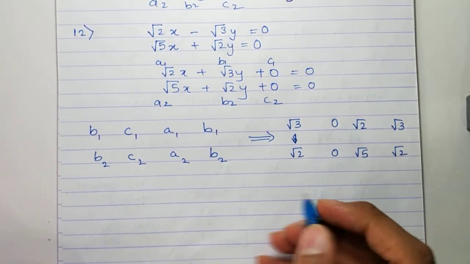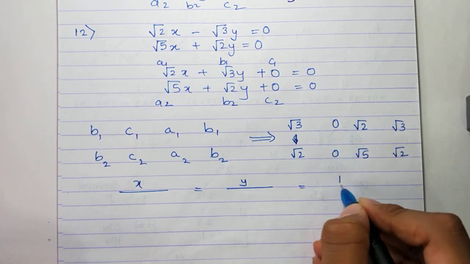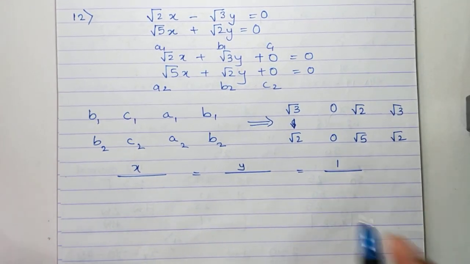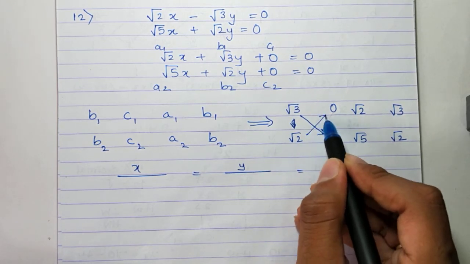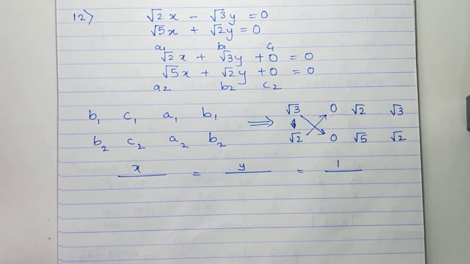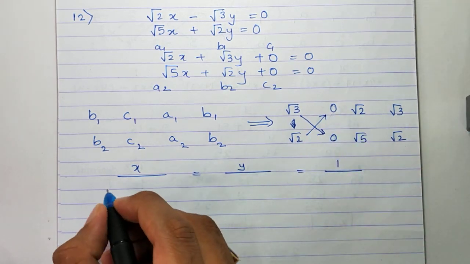Now once I have this, the next step is x upon, y upon and 1 upon. So for x upon, first I'll multiply this into this. So root 3 into 0 minus root 2 into 0.